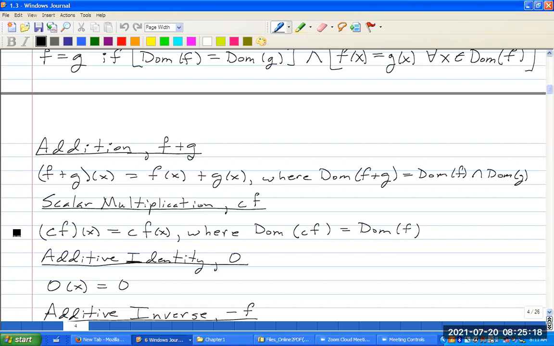So some constant c times the function f evaluated at x is defined as that constant c times f evaluated at x, where the domain of cf is just equal to the domain of f.